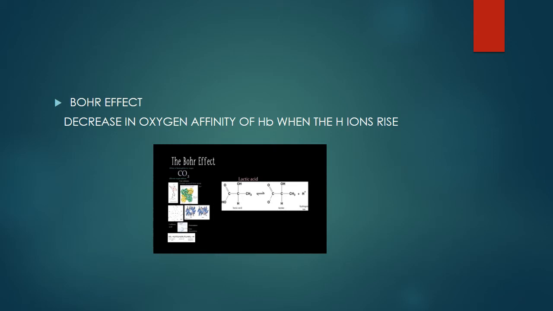This causes hemoglobin to release even more oxygen to these tissues, which reflects these tissues' greater need for oxygen for respiration. This means that the affinity of hemoglobin for oxygen is proportional to the metabolic activity of tissue in that region.